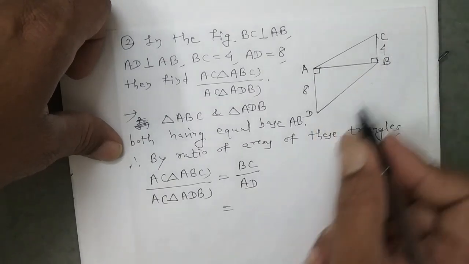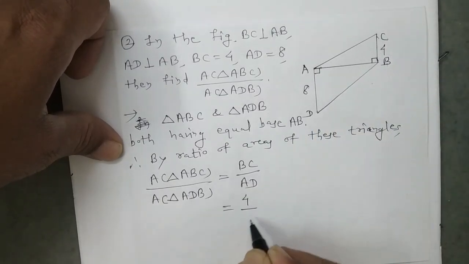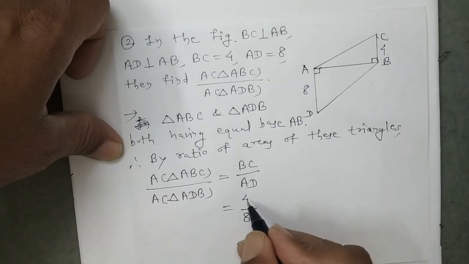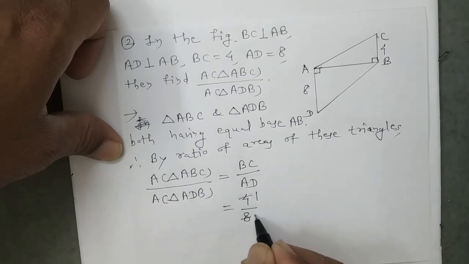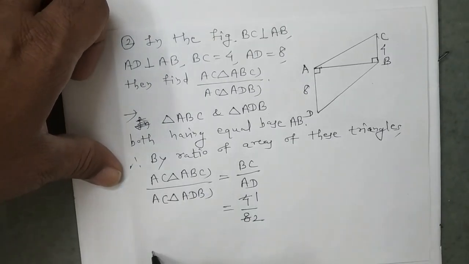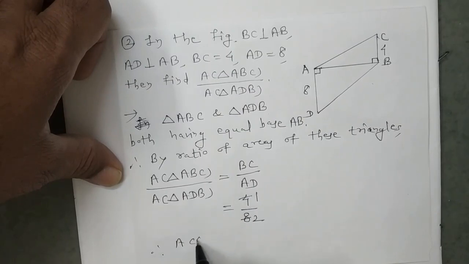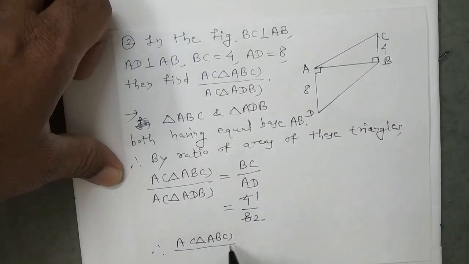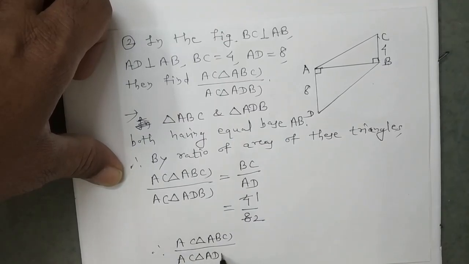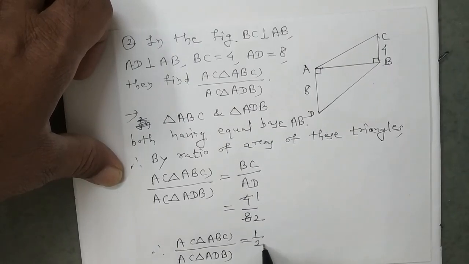Value of BC is 4, divided by AD is 8, dividing by 4, 1 upon 2. Therefore area of triangle ABC divided by area of triangle ADB is equal to 1 upon 2. This is the answer.